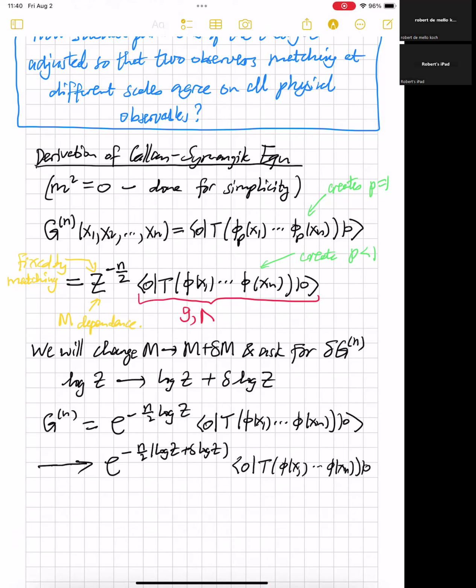And we know that this has to be equal to Gn plus the change in Gn. Okay, we will continue in a moment.